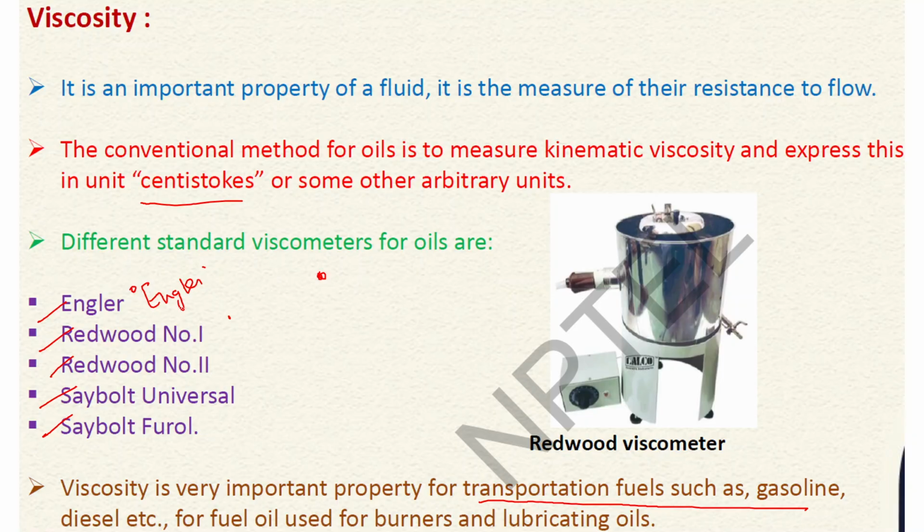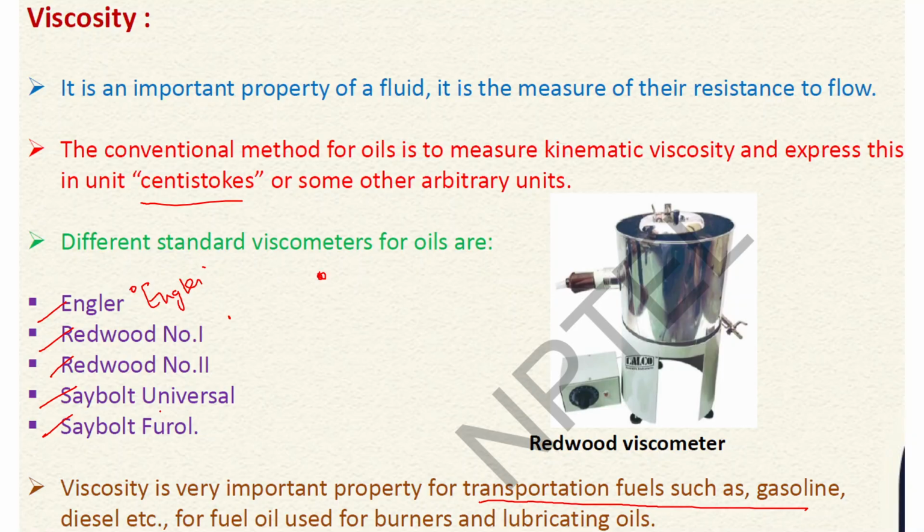And for fuel oils and burners also, the fuel needs to be atomized for it to light up in the burner. So in that case also, for atomization purposes, viscosity plays an important role. If it is highly viscous, then atomization of the fuel oil becomes very difficult. And lubricating oils also, if highly viscous, will not be able to lubricate.